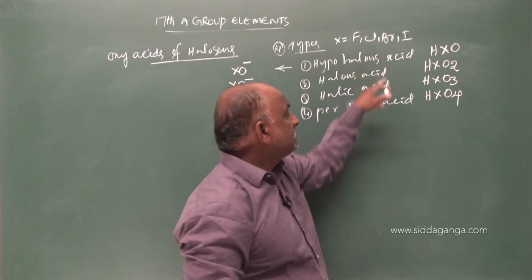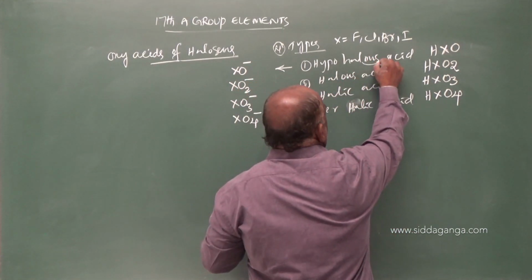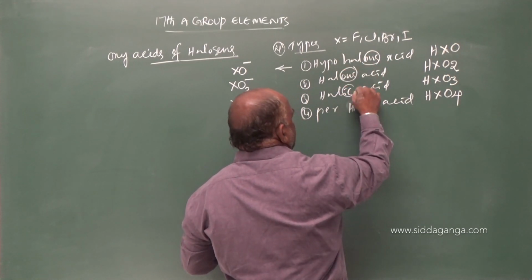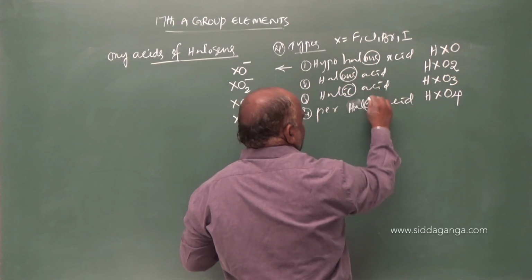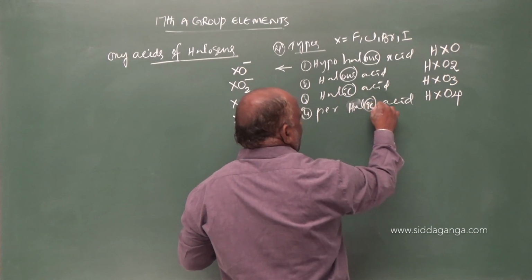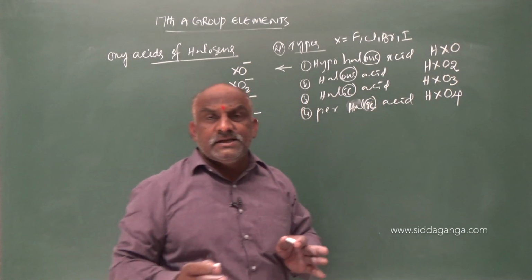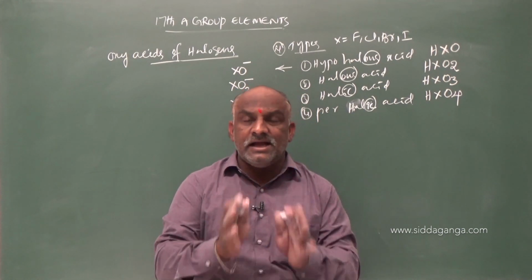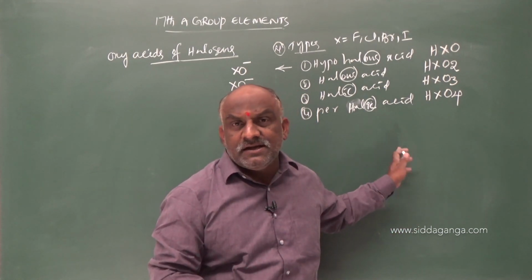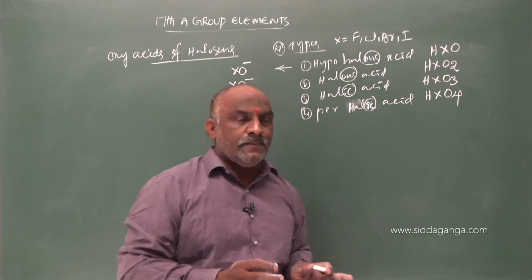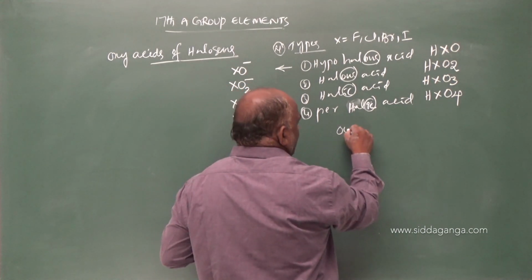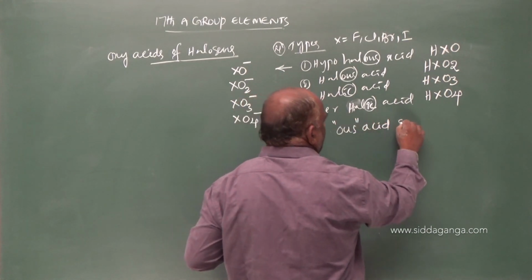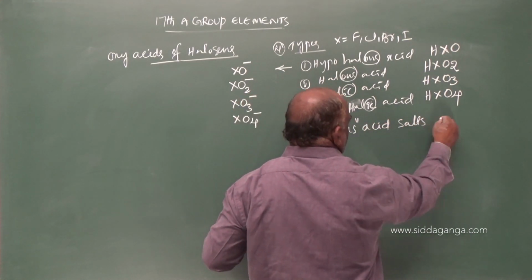Once you observe these examples, there are OUS and IC. OUS is said to be OUS acids. IC is IC acids.